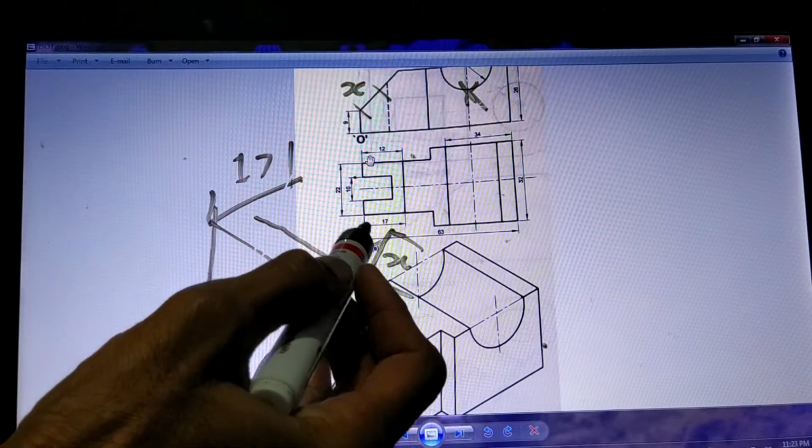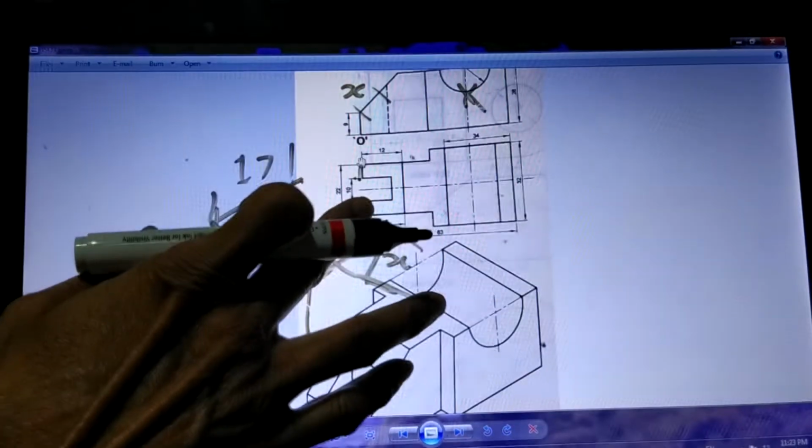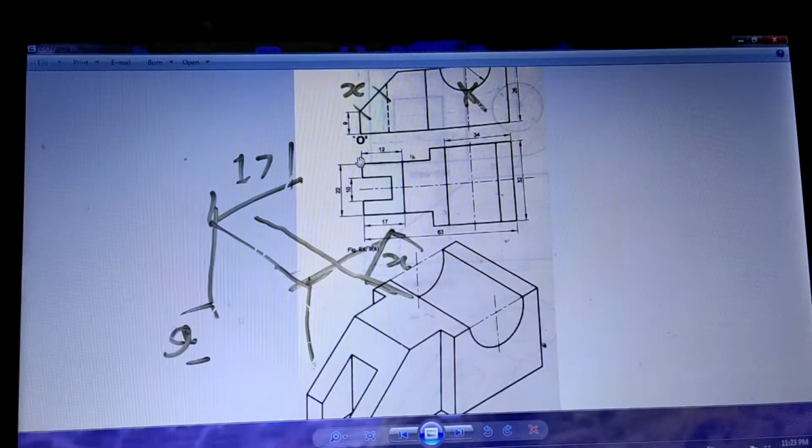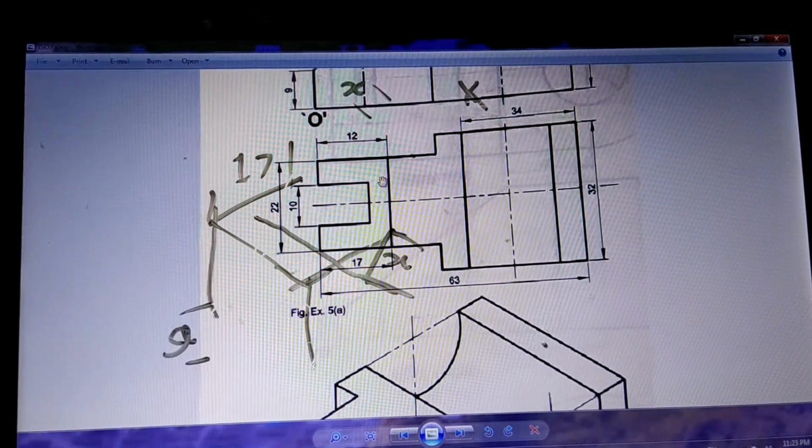And after we draw this line, again we go back and measure the distance which is present here. In fact, the figures are mixed, so there could be some confusion. I'll take you there. So you can see here 22 and 10. So whatever this distance is, you can pick it up from the actual figure, and then it is taken here.